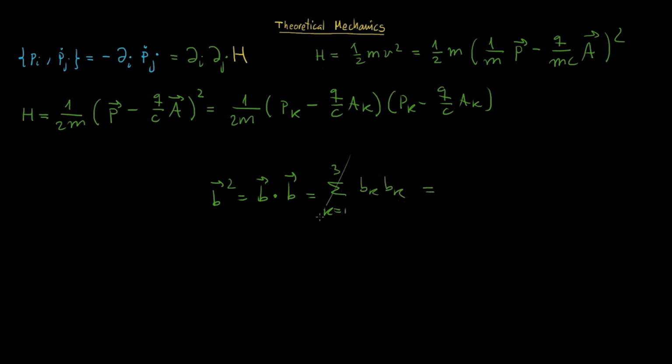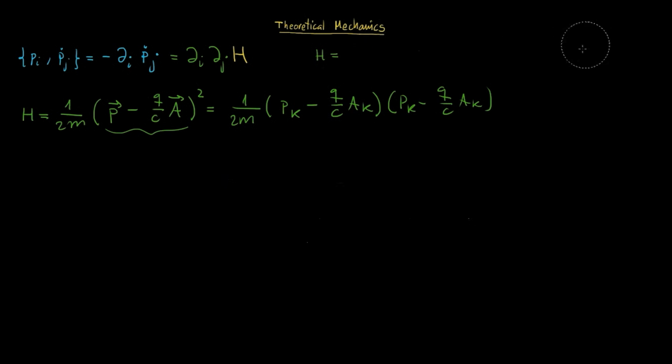If we forget the summation, like Einstein, this is b_k, but instead of v we have all this. So this is the same structure. The thing is that we finally have the Hamiltonian in terms of the p components.